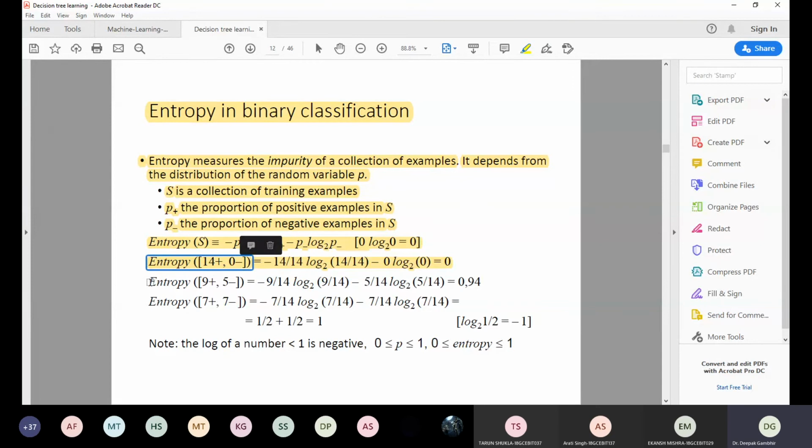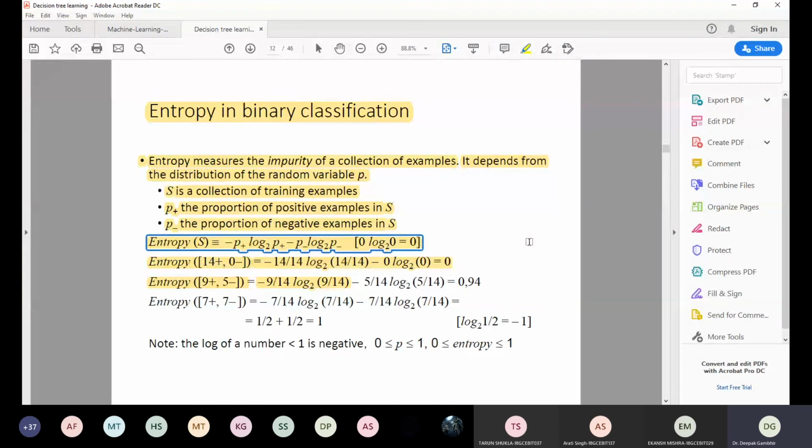If you divide the examples into 5 negative examples and 9 positive examples and compute the entropy, the probability of occurrence of a positive example is 9 by 14. So according to the formula, minus 9 by 14 log to the base 2 of 9 by 14.